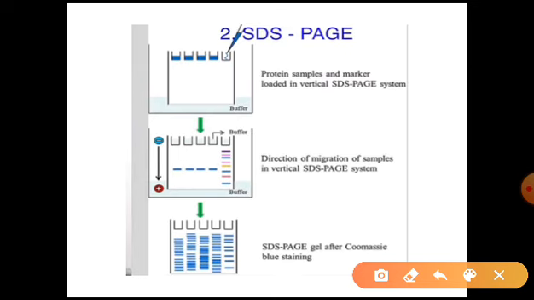The sample is loaded in the wells as shown here, and one ladder lane is there which shows all the types of proteins according to their molecular weight, which we are going to compare for our target proteins.